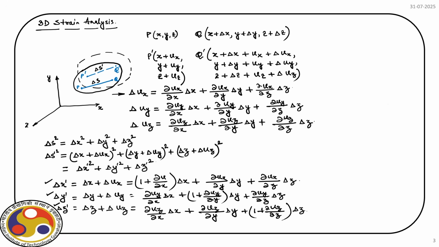Okay. So, what we will do next is just see the line, we have PQ and P prime Q prime. Okay. So, now let us figure out what is P prime Q prime square minus PQ square. I will explain that in a minute. Let us first derive the expression and then we will see how we can quantify the strain for this line of length PQ, right. That is the deformed shape. So, we have here delta S prime square minus delta S square.